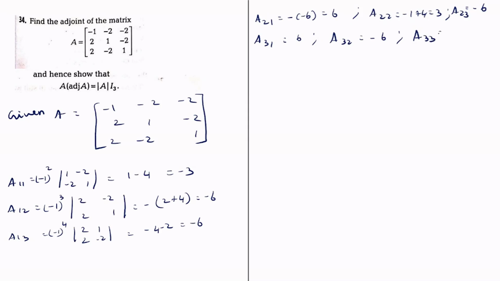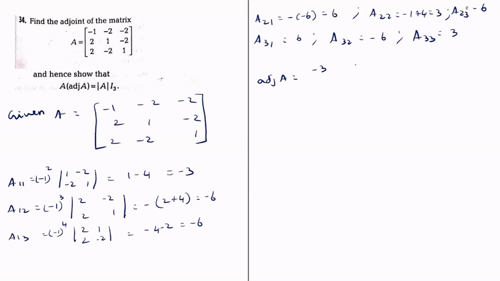Then A33, it is plus, delete the third row and third column, it is minus 1 into 1 minus 1, then minus of minus plus 2 into 2, 4. Minus 1 plus 4, it is 3. So here the adjoint of A is the transpose of this cofactor matrix.